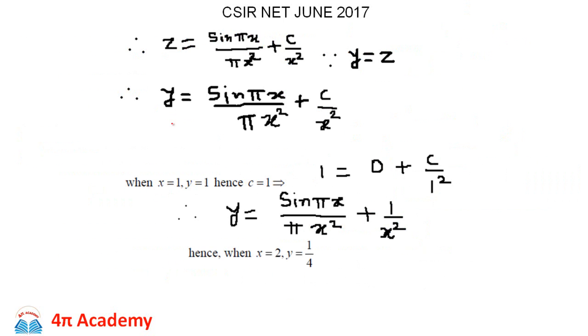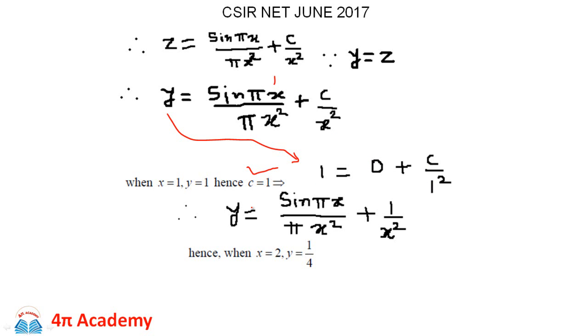If I substitute here x is equal to 1, then this will be sine of pi, and you know that the value of sine pi is 0. So this term will become equal to 0 plus c upon x square, where x is 1. So here this will be c upon 1, and this is equal to 1. It implies that the value of this constant c is equal to 1.